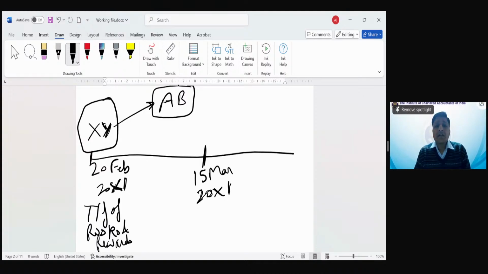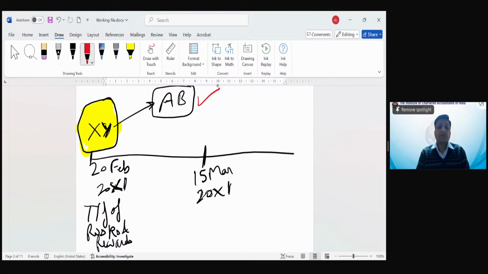It means that even though the goods are lying at the premises of XY, who owns these goods? Can you tell me? Who owns these goods starting from 20th of Feb? AB will be the owner.